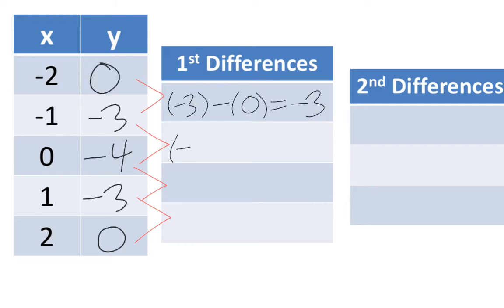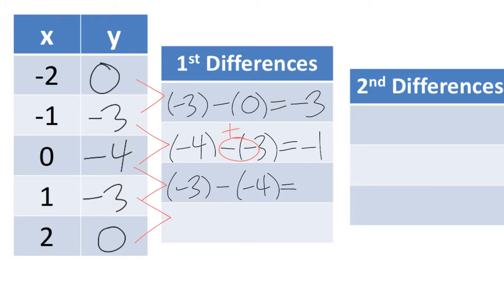Over here, I'm going to take -4. I'm going to subtract the previous number, which was -3. When you have two negative signs together, that becomes positive. So -4 plus 3, be careful here, is -1. And over here, we have -3, and you're going to subtract the previous number, which was -4. Again, when you have two negatives together, that becomes positive.